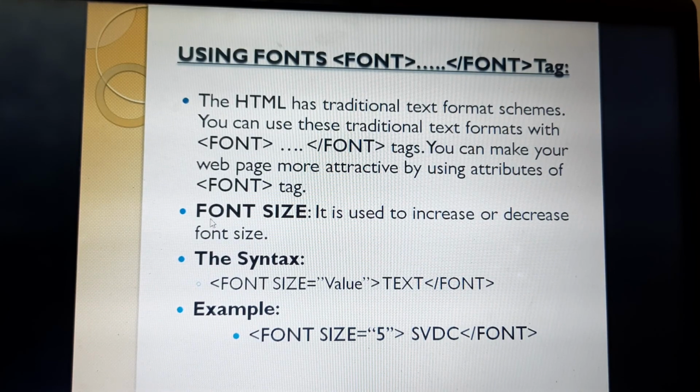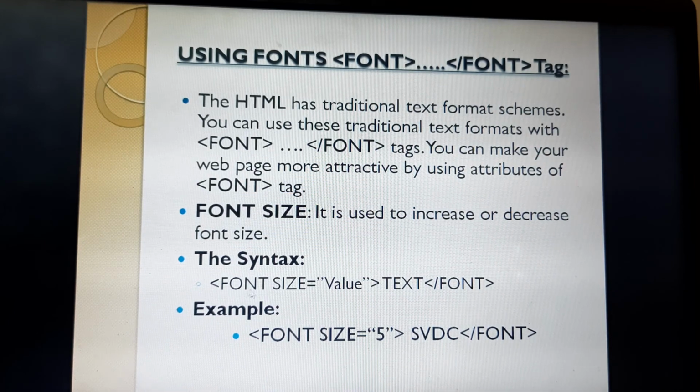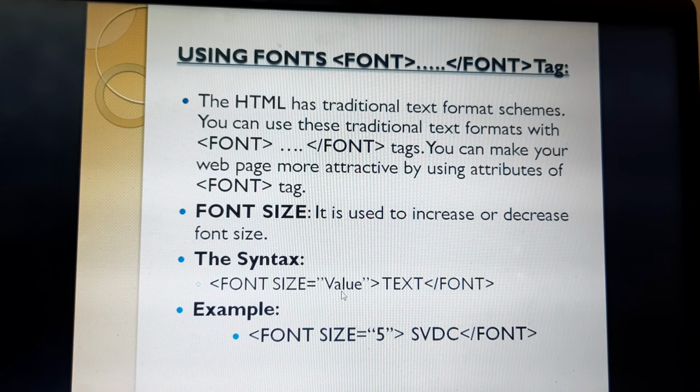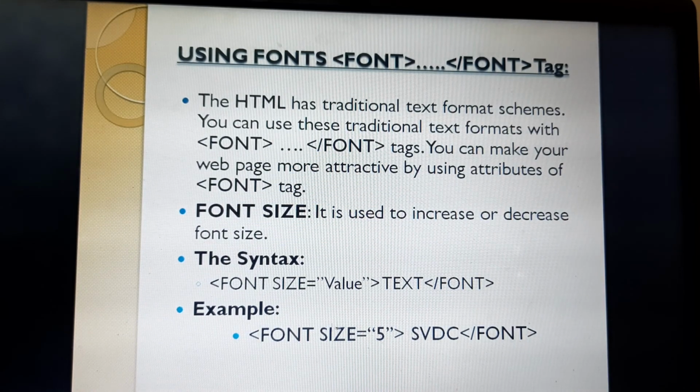Let us understand by using the font tag with an attribute like font size. Font size is used to increase or decrease the size of our text. How can we use it? Let us see the syntax: font size equals to value, and the text. Here is the example: font size equals to 5, where 5 is the value for the size attribute of the font tag.